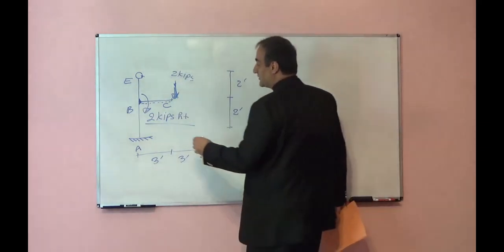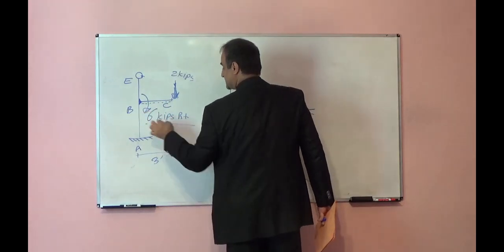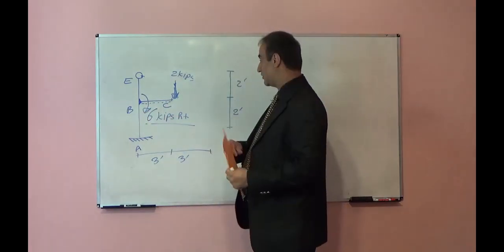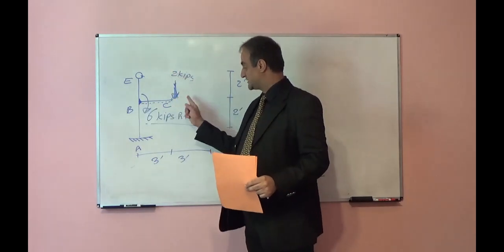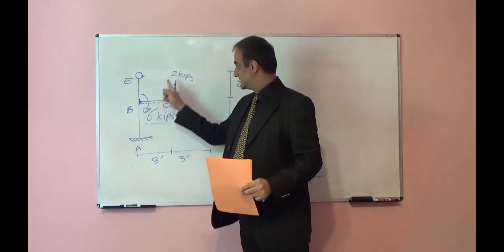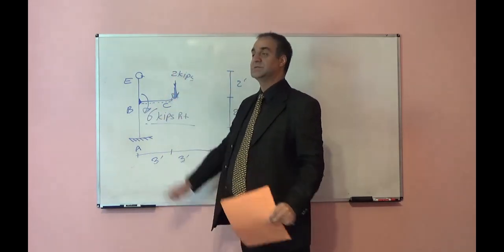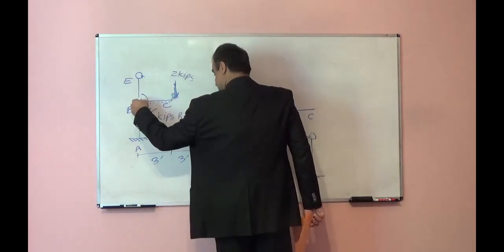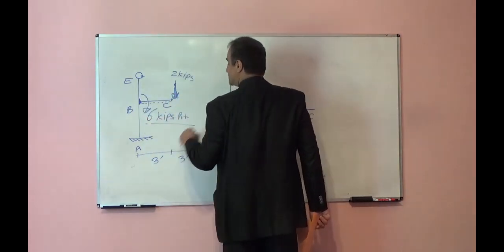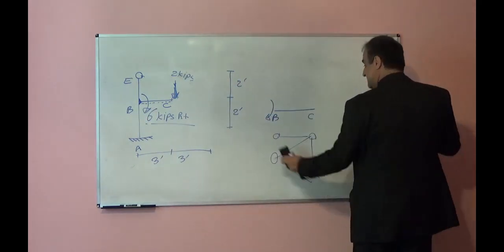Load is 2 kips, distance is 3 feet, the length of BC, because the load and BC are perpendicular to each other. 2 times 3 will be 6 kip-feet. That is the moment at the end of the BC member.